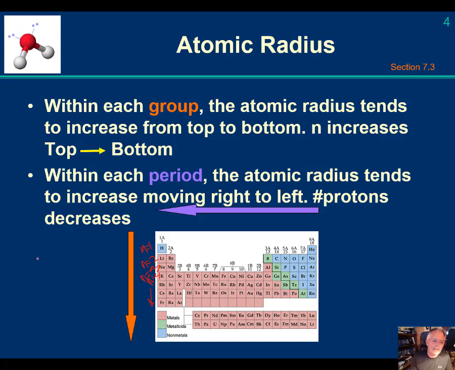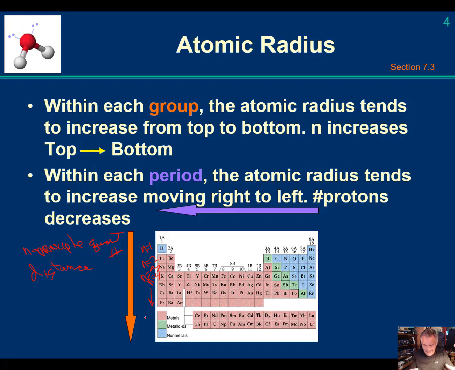And you remember what n stands for. That is the principal quantum number. And the principal quantum number tells us the distance that the electrons are from the nucleus.